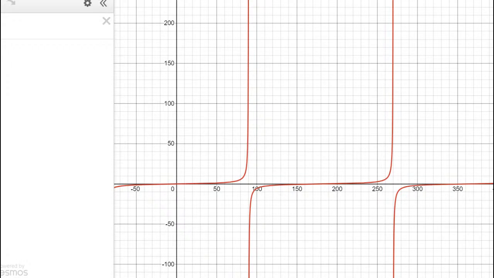So 360 minus 45 is what? 315 degrees. And 180 minus 45 is what? 135. So those would be the two values for minus 1.